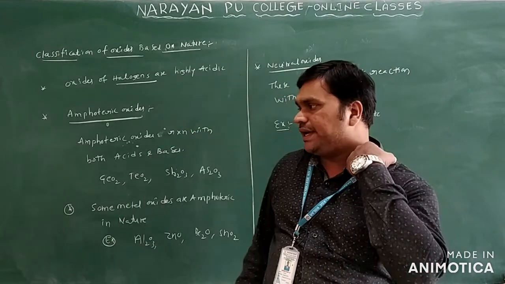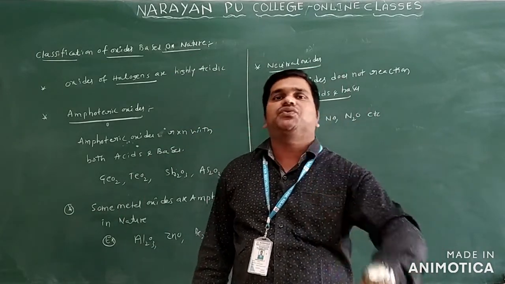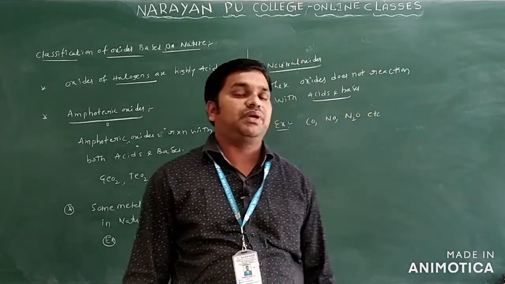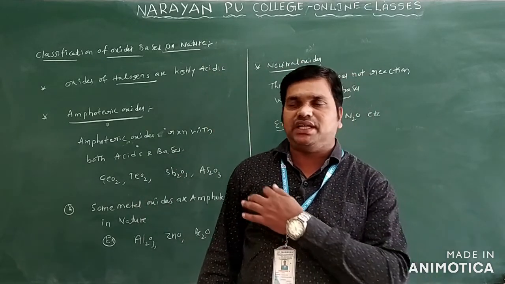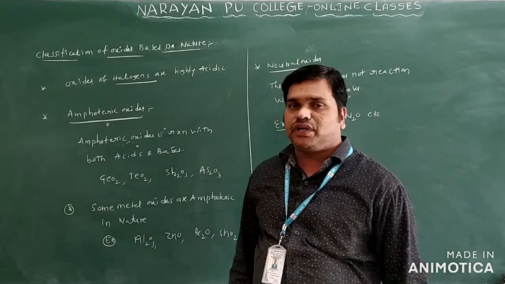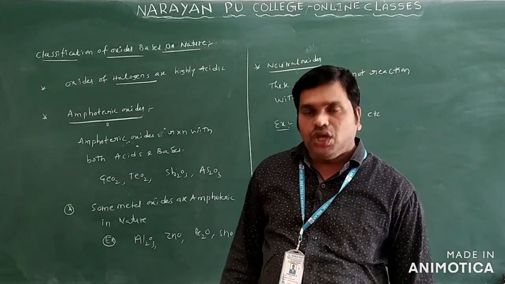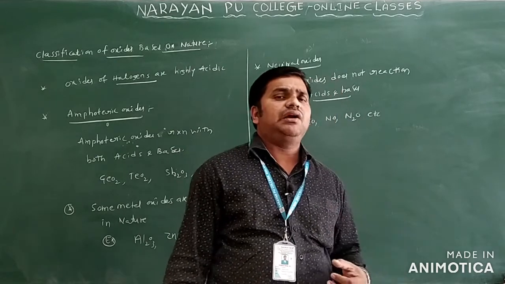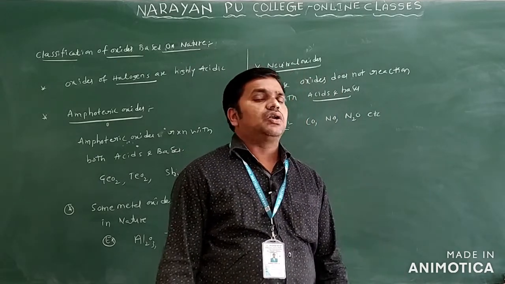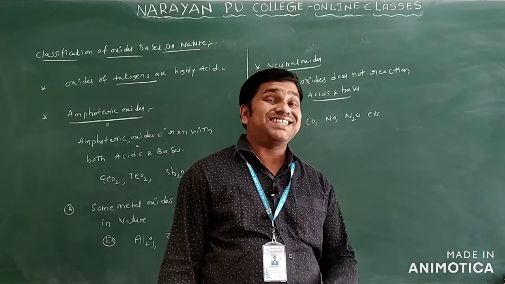So this is about the nature of the oxides: metallic nature, non-metallic or acidic nature, amphoteric oxides, and neutral oxides. Mainly, metallic oxides are basic in nature and non-metallic oxides are acidic in nature only.